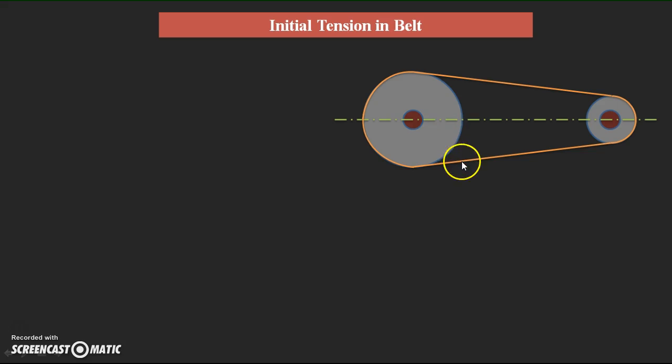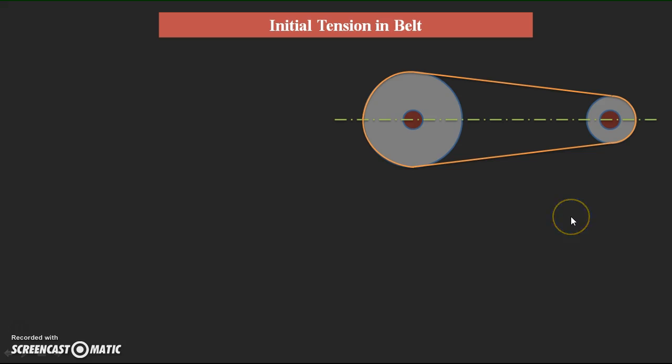So because of the tightness of the belt in the initial condition itself, the belt can face certain tension, the tension force in the belt on the tight side and the slack side.